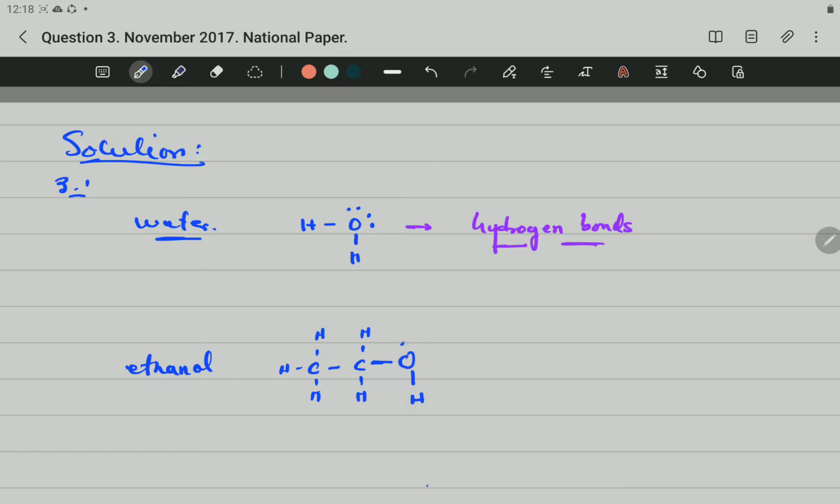This molecule may be a little bit tricky for you to find the shape, and remember, the shape is important to determine the type of intermolecular forces. You can see this molecule is going to make a bend. So it is a bent molecule, it is a polar molecule, and because it has hydrogen bonded directly to oxygen, it can also form hydrogen bonds.